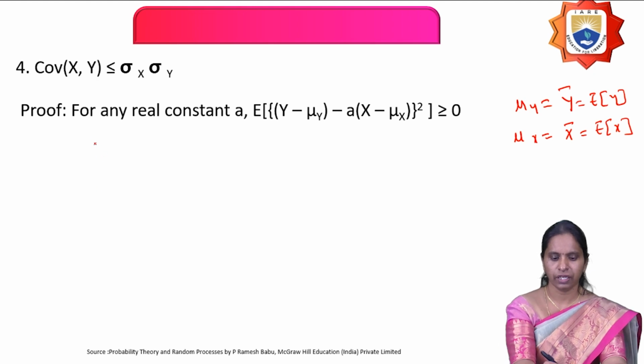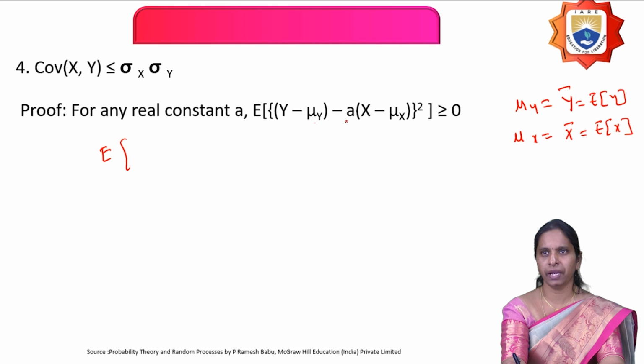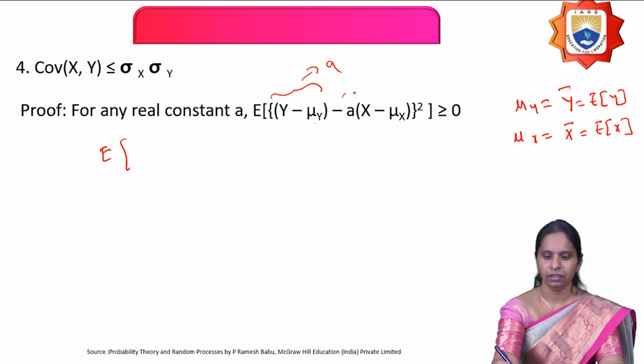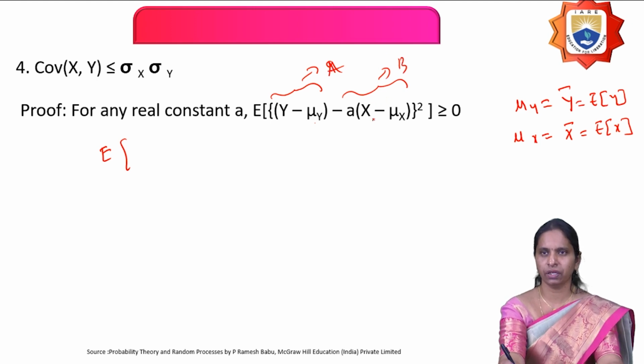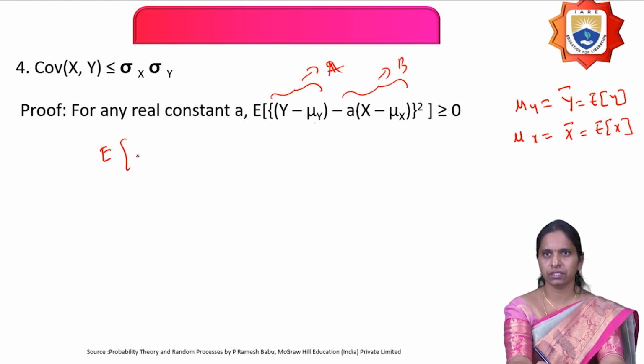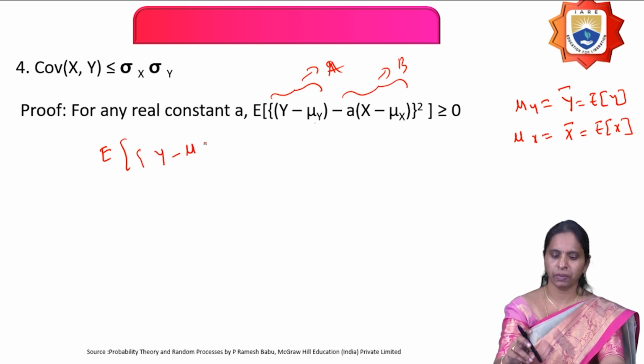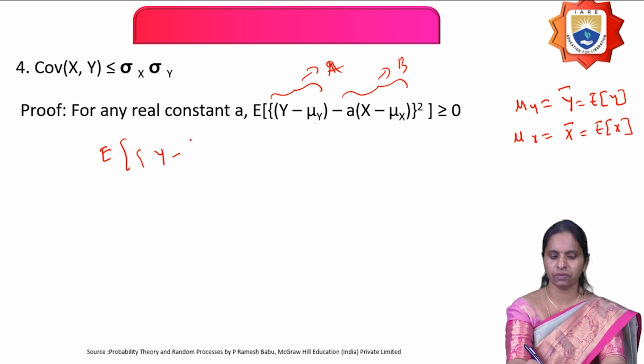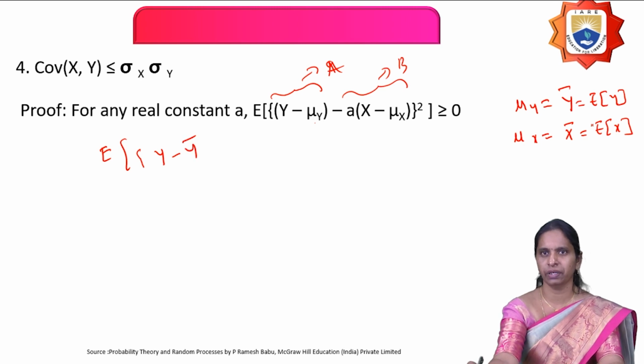Then expectation of, this is like a minus b whole square. Let us say this is a and this is b. So the a minus b whole square formula can apply. Then how can I write this? Y minus mu y. In place of mu y, simply write y bar, because mu y equals y bar only.